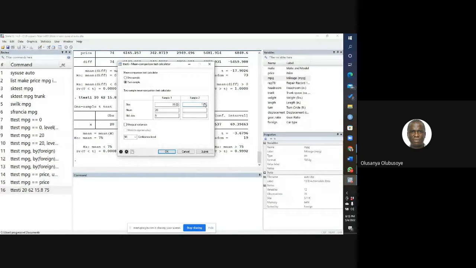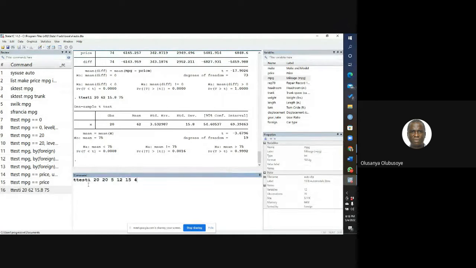And another second group is reported, so maybe the second group is 12 here, and this is 15 as the mean, and then the standard deviation is 4. So you could use this calculator to check, and that is once you click copy here, you can paste.